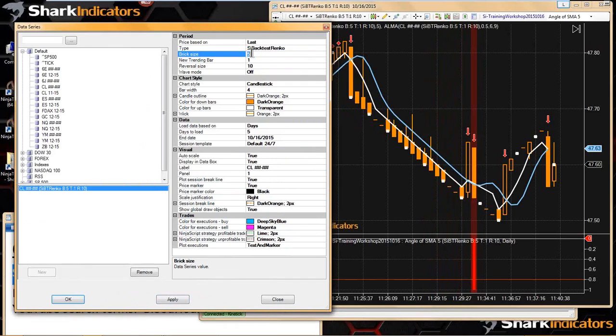So really this is going to do nothing unless I turn wave mode on, and then the bricks will all be 5 ticks in size. But when you're in back test mode, the brick size doesn't do anything. But we'll change the reversal to 7 there.